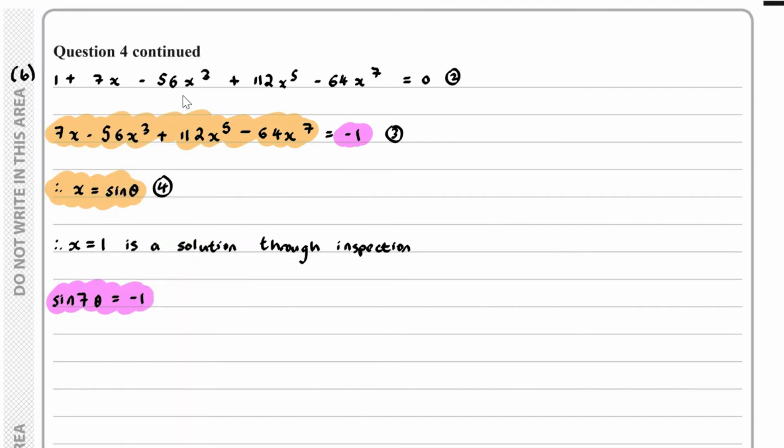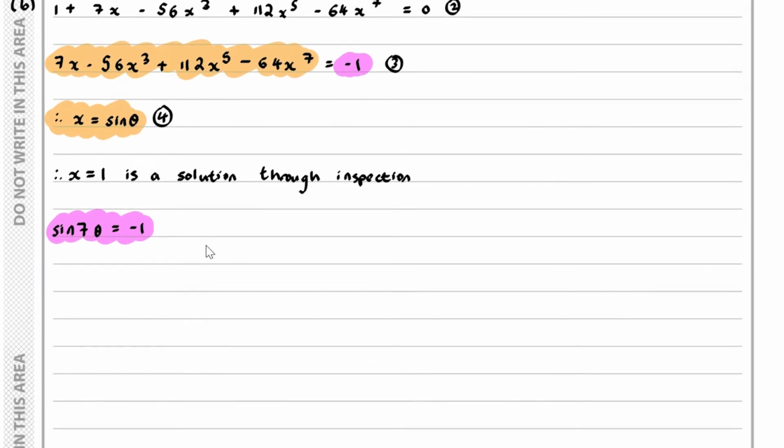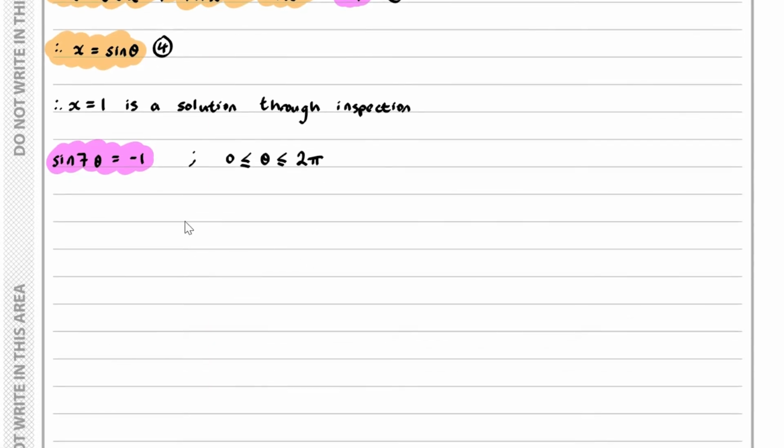From that we can find out what 7 theta is, and then with that we can find out what theta is. So we're going to be solving this between 0 and 2 pi, and of course, after this, we're going to have repeated solutions. So we now need to sketch the graph.